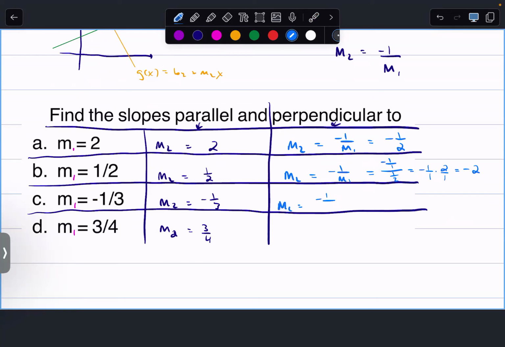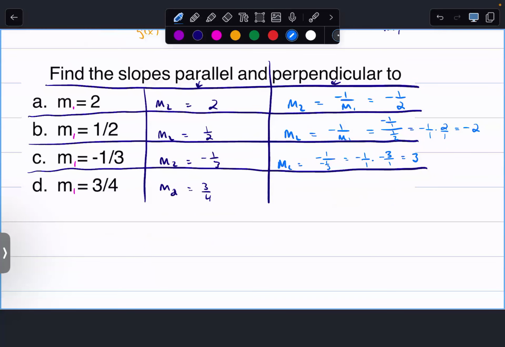M2 is -1 over -1 over 3, which is -1 over 1 times -3 over 1, which is -1 times -3, which is 3 divided by 1. Last one. M2 is -1 over 3 over 4. -1 over 1 times 4 over 3, I get -4 over 3.